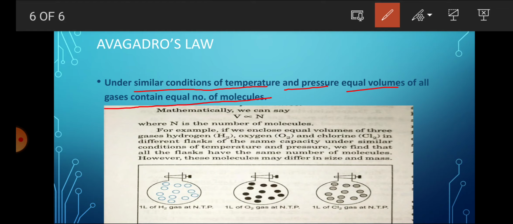So if V is the volume and N is the number of molecules of the gas, we have 1 liter of hydrogen, 1 liter of oxygen, 1 liter of chlorine.